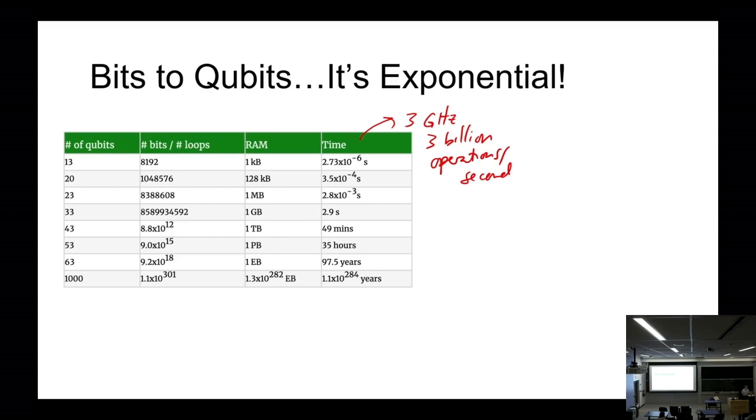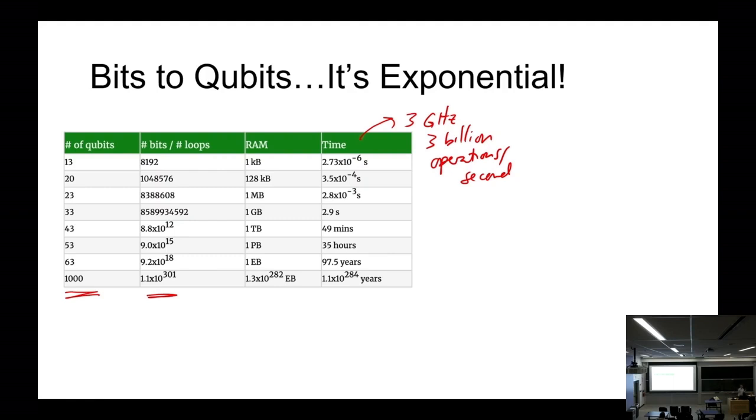So if I have 1,000 qubits, that can store the same amount of information as 10 to the 301 bits. 10 to the 301, that's a wild number. So let me think. That's like 3 universes worth of hydrogen atoms.